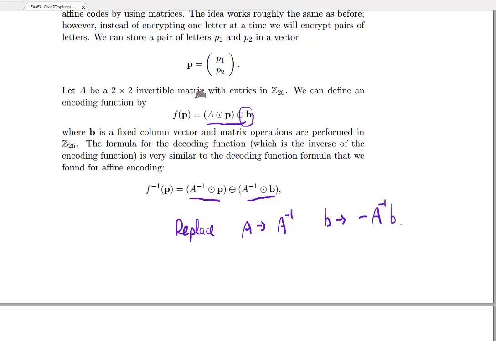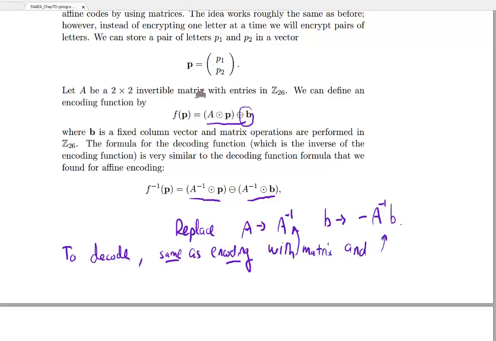All right, so to decode is the same as encoding, with this matrix and this shift.